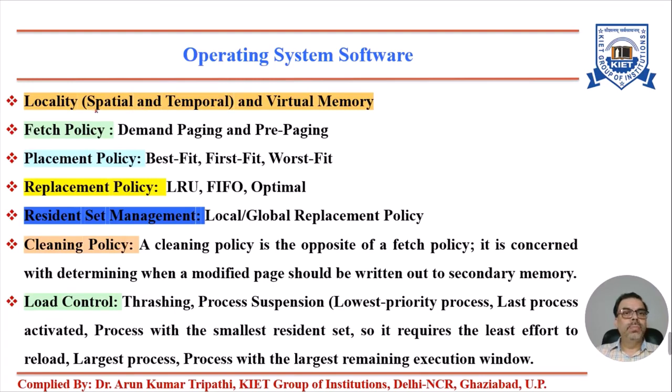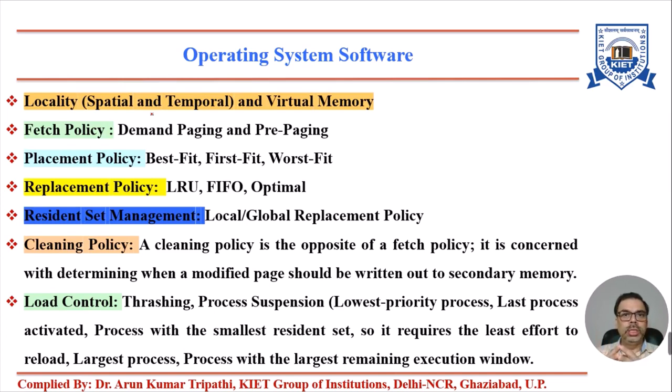Operating system software basically covers locality. Locality means temporal and spatial locality: we have to bring the entire program, or whatever pages are needed for reference in the near future, into the main memory. This we discussed in unit number 1 in detail.